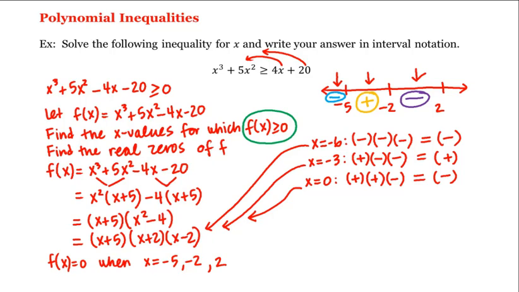And finally, what about this last interval here? We can choose x equal to 3, for example, and plugging this into this factored form, we have 3 plus 5, which is a positive number, times 3 plus 2, which is also positive, times 3 minus 2, which is also positive. And positive times positive is positive. Therefore, f is positive in this last interval.